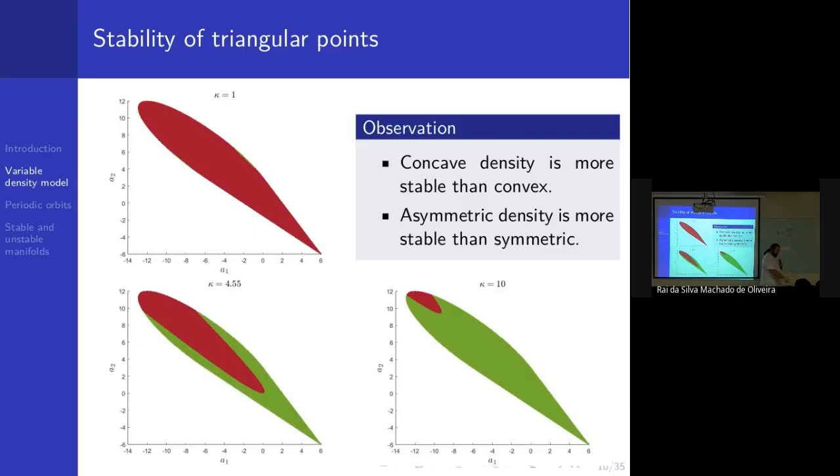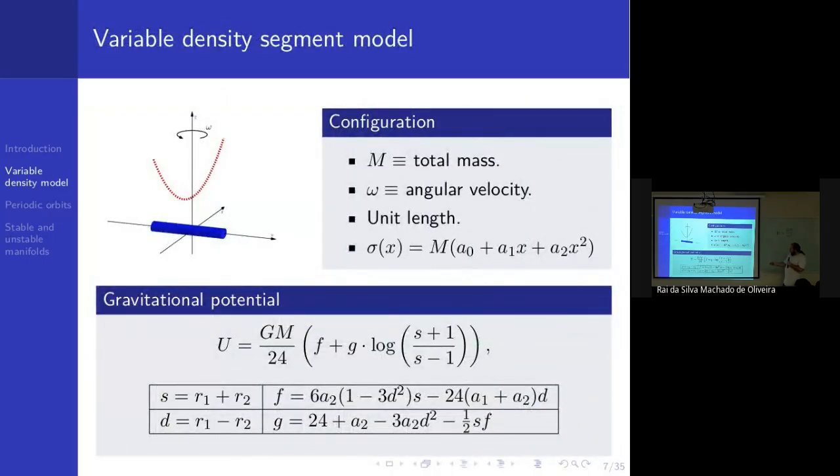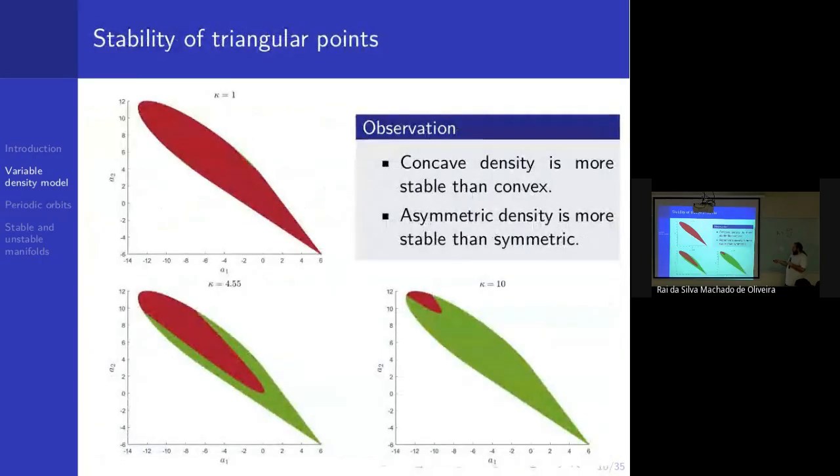So this shape here you see is the set of all A1 and A2 coefficients that lead to a positive density, because we can't have negative density. So actually, we can't use any value for A1 and A2. We can only use values that have positive density. So this shape here is what it means, okay?